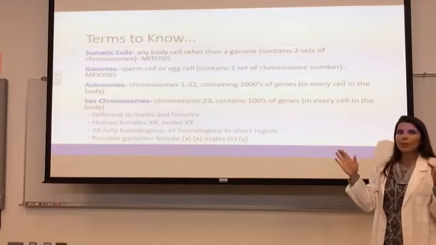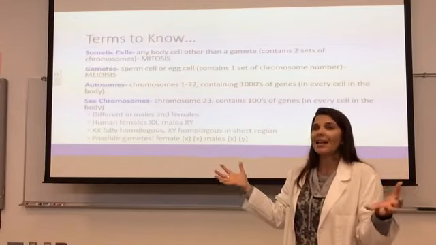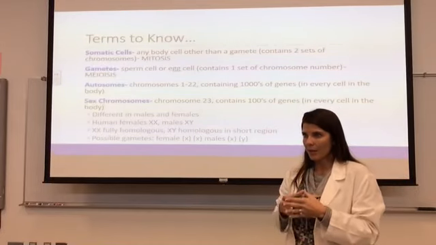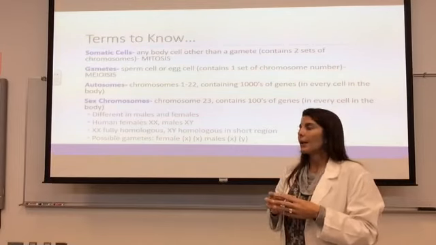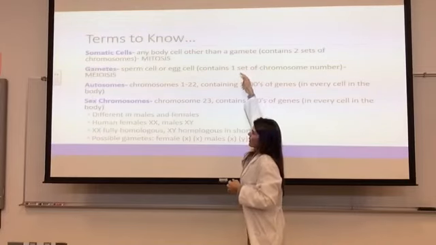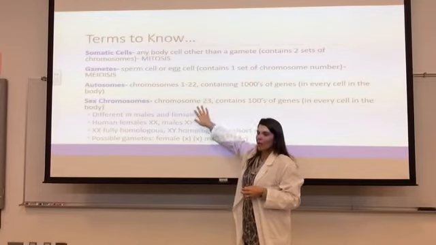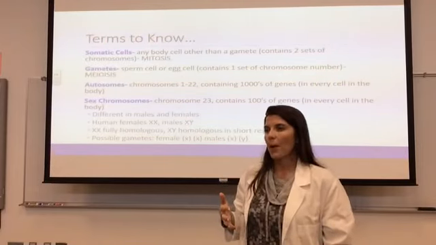So first, distinguishing between the 2 general cell classes, somatic and gametes. Most people are pretty solid on that. It's when we get into autosomes and sex chromosomes that there's a little loop that gets thrown in there. Okay?